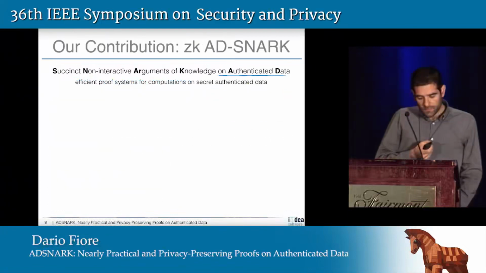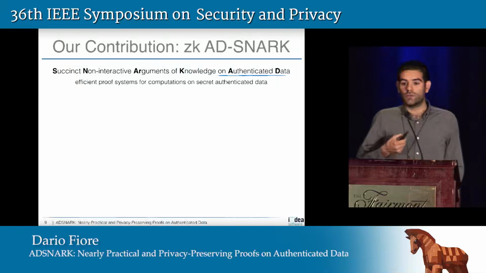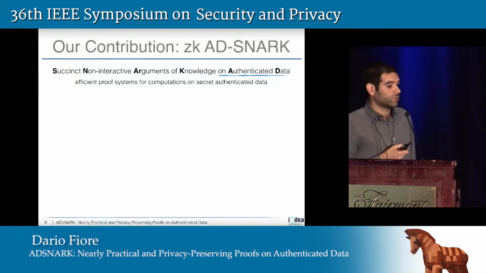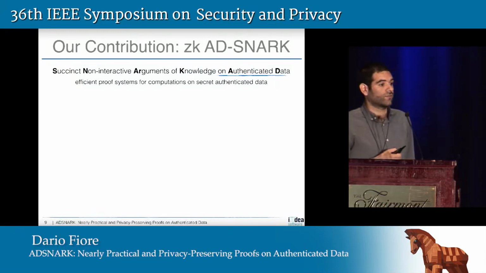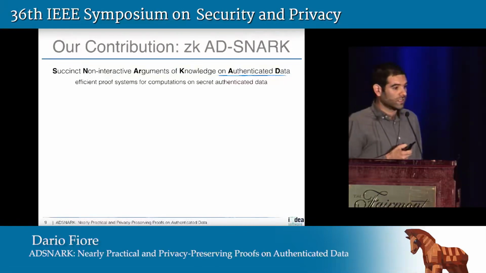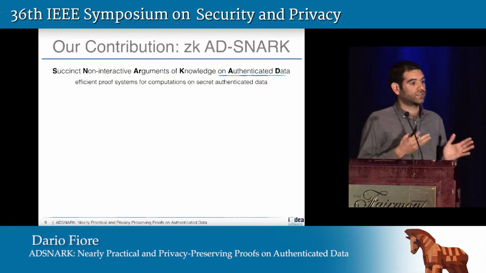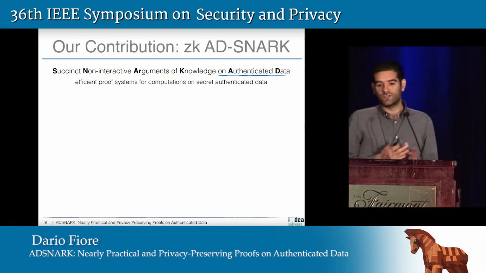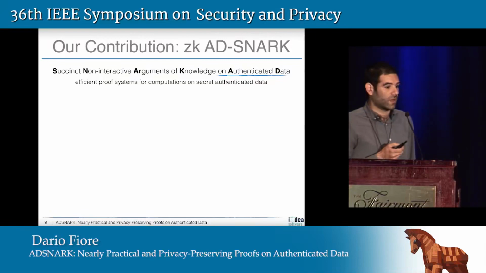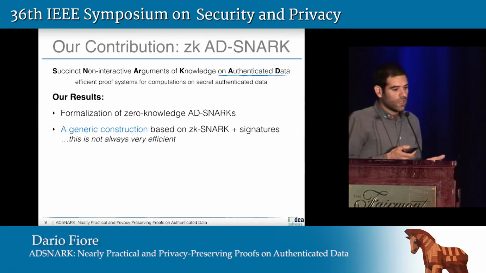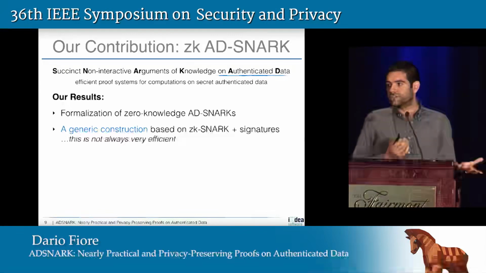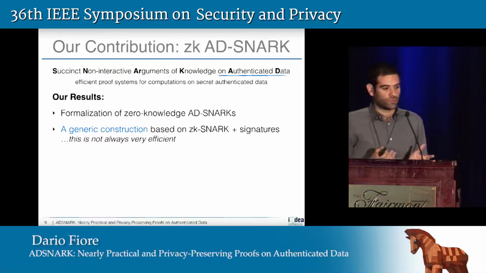The contribution of this work is to define a notion that we call zero-knowledge ADSNARKs, which stands for succinct non-interactive arguments of knowledge on authenticated data. You can see it as an extension of SNARKs to this specific three-party application scenario. Then we formalize this notion. Then we show a generic construction that just uses any zero-knowledge SNARK and a digital signature to achieve this notion.